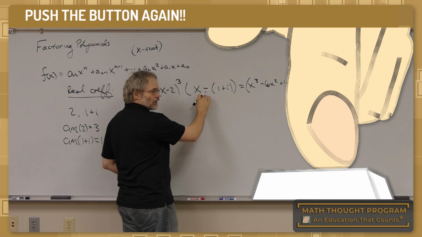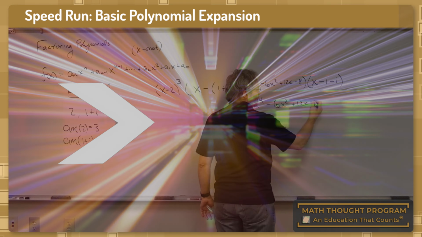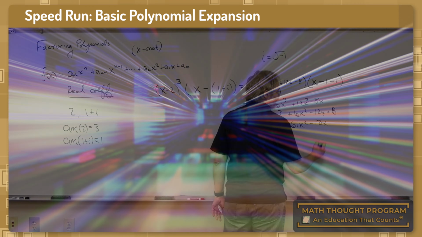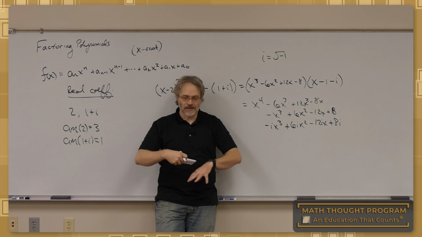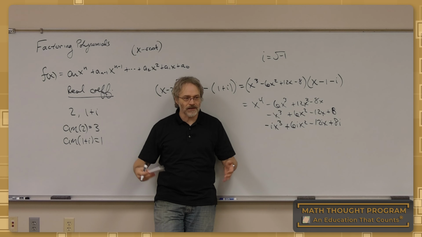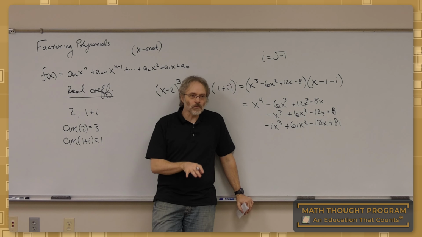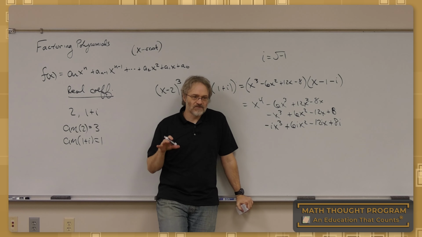Okay, and then multiply it by this factor. If you were to start combining all your like terms, take the quadratics, add them together, take the linears, add them together, you're going to run into a problem very quickly.